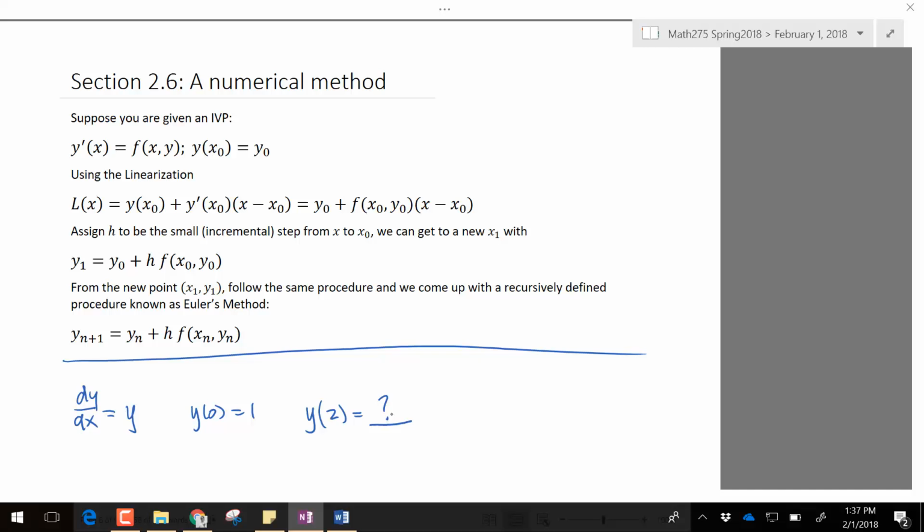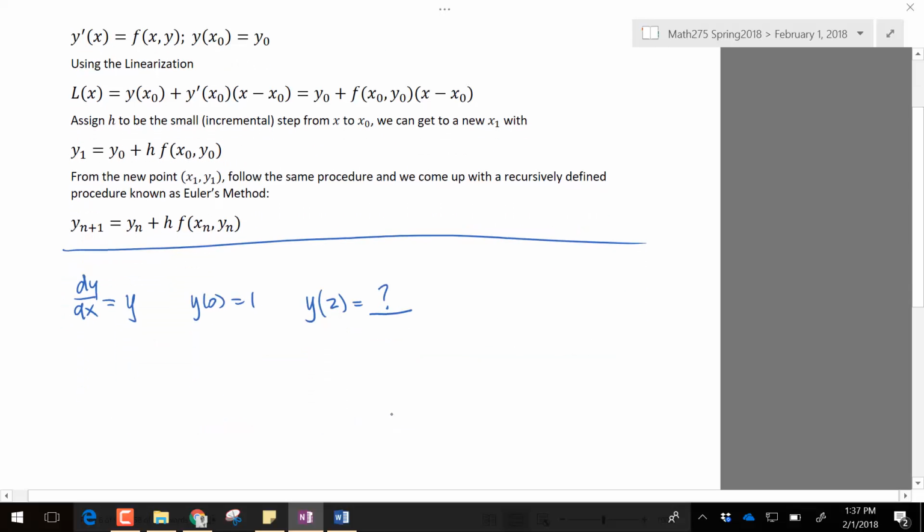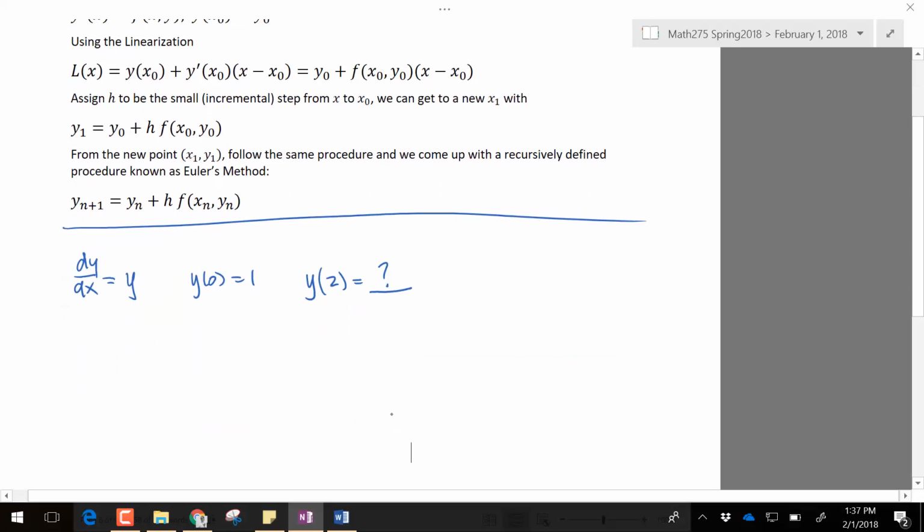So what are we going to do? What they tell you to do in that little spiel up there is to use linearization and take steps. We could do this with slope fields. I think slope fields complicate things a little bit, but try to imagine a slope field in the background.